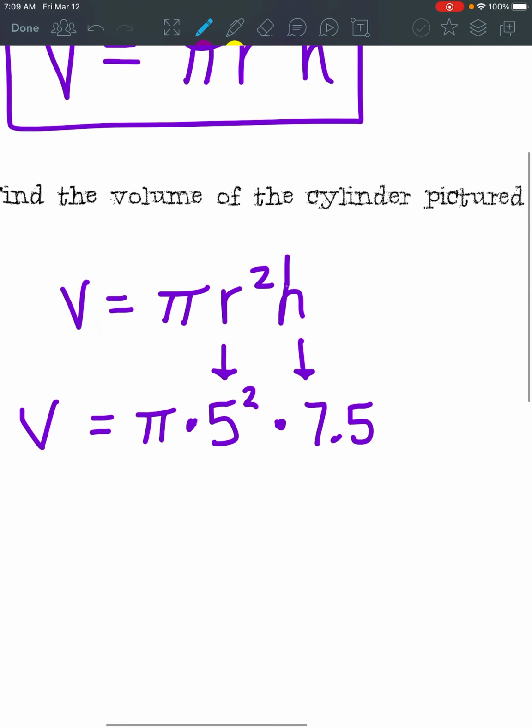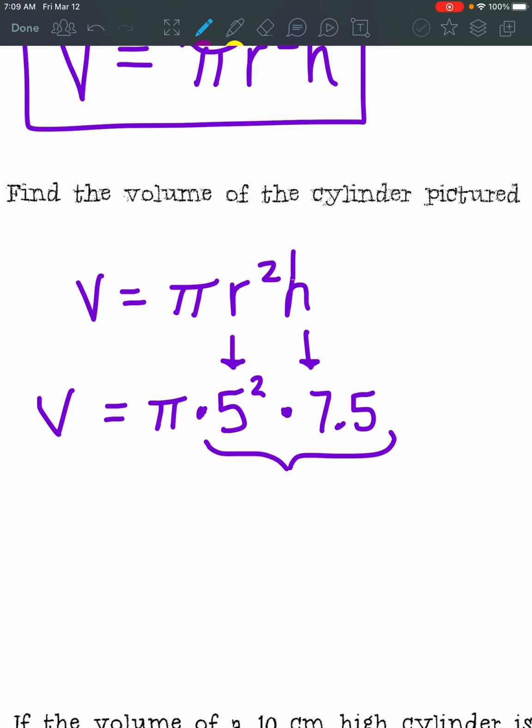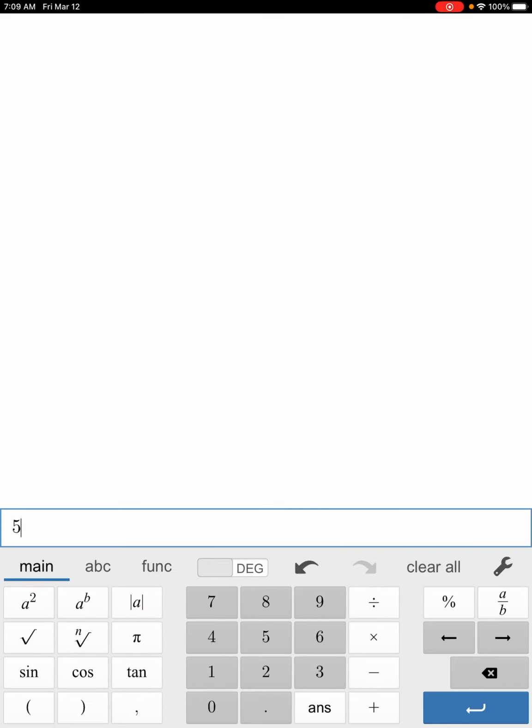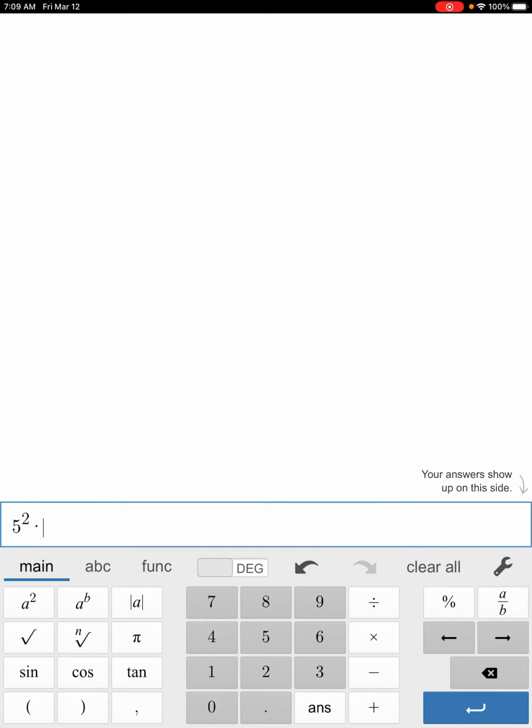So to find this volume, we're just going to multiply everything on the right side there. Now, I am going to show you, we're going to do the exact volume first. So remember, in terms of pi, that means pi is going to be in our answer. So when we do that, just work with the numbers. So I'm going to do my 5 squared and then times 7.5.